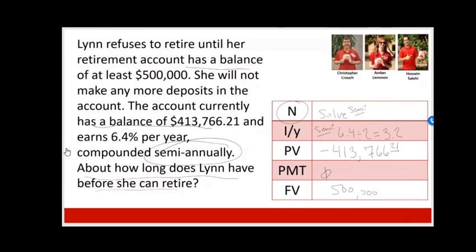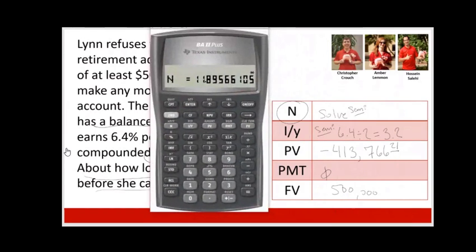The last step after plugging all that in, one second, we'll get it all plugged in the calculator for you.